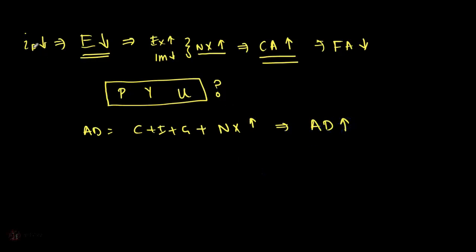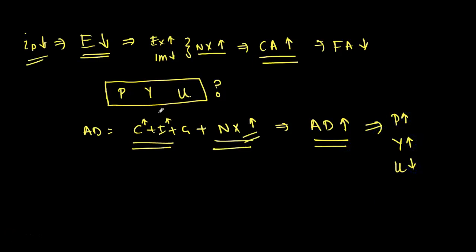Remember, the expansionary monetary policy is already expanding your consumption spending, stimulating our investment spending, and now also through the depreciation of the dollar, causing our net exports to go up and overall stimulating aggregate demand, putting upward pressure on our price level, real GDP, and downward pressure on unemployment. So with flexible exchange rate regimes, we see that our monetary policy works in part through exchange rate movements. The lower interest rate is putting downward pressure on our exchange rate or depreciating the Canadian dollar and putting upward pressure on our net exports.